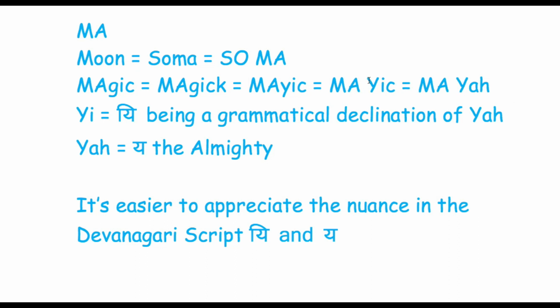And now I've told you what Ma means, and Ya, you know what it means. It's the Godhead. It's the source of all creation. And the Yi, it's just a grammatical declension of Ya, okay? You can appreciate it better in the Devanagari script, how it's the same exact phoneme. They just add the nuance of the Yi, okay?